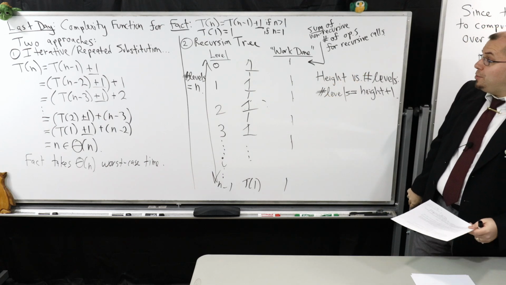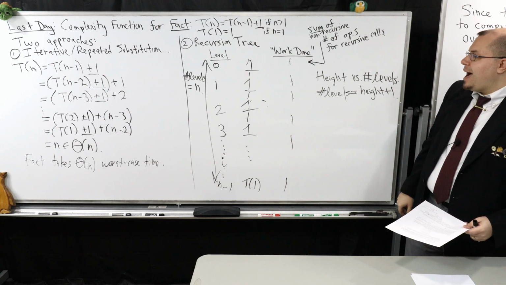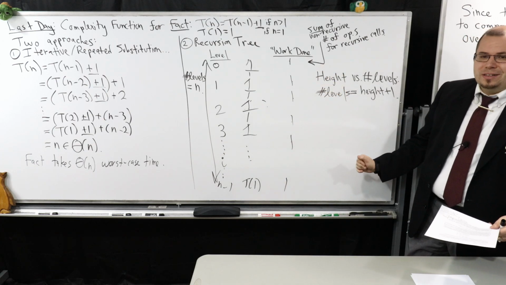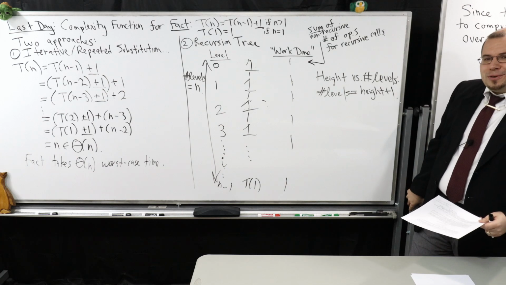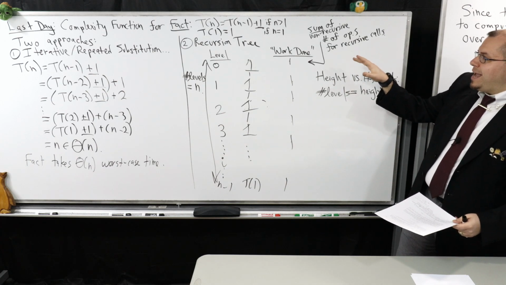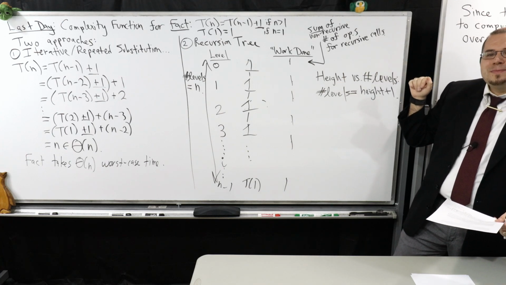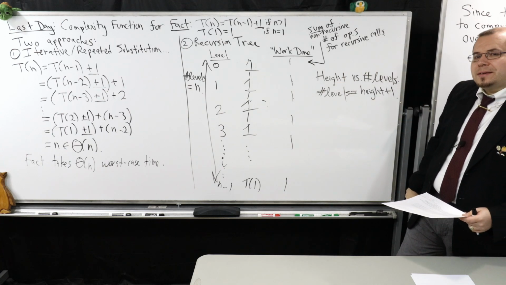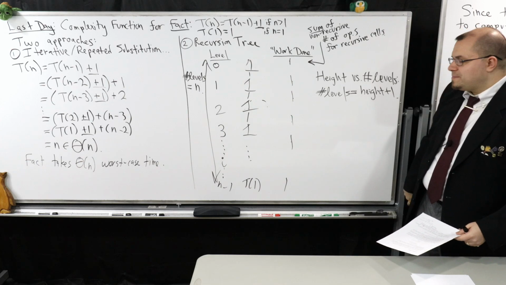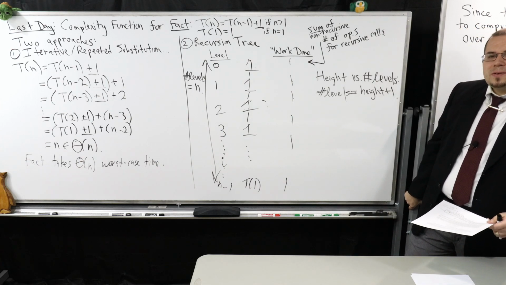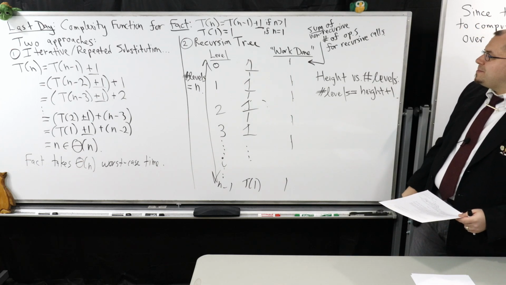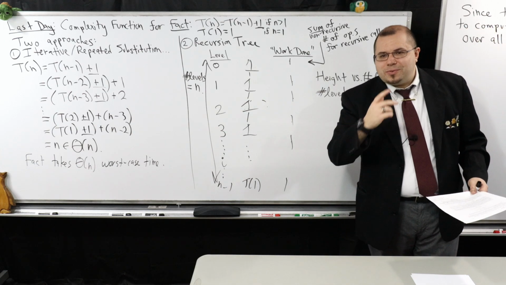Remember, I know the number of levels in the tree. I know how much work is being done at each level of the tree. And all I'm doing, in a similar manner as over there, is carrying out all of these repeated substitutions. So what do I need to do?